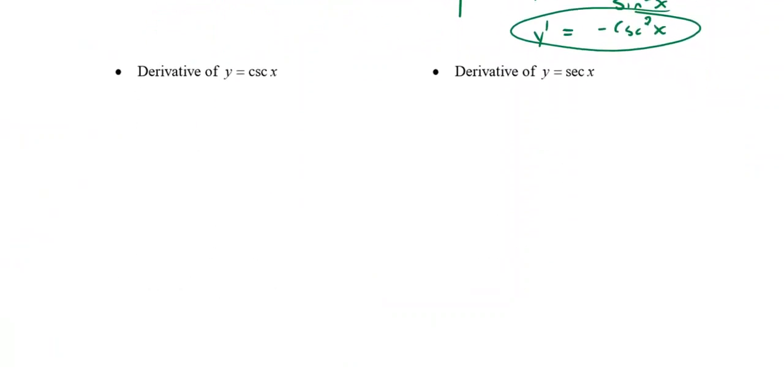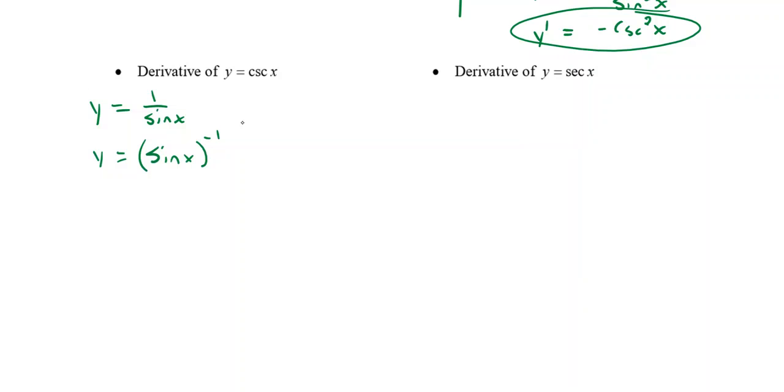All right, next one. What's the derivative of cosecant x? Let's rewrite this as y is equal to 1 over sine x. And one more time, I'm going to write this as sine x to the negative 1.